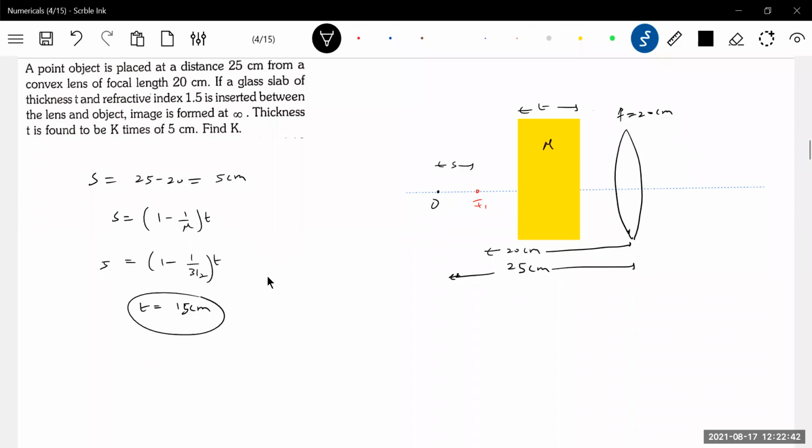Can you draw a ray diagram? The rays which are emerging from your object should appear to emerge from I1. Here it will undergo double refraction. They'll come here. So go for the ray diagram after refraction.